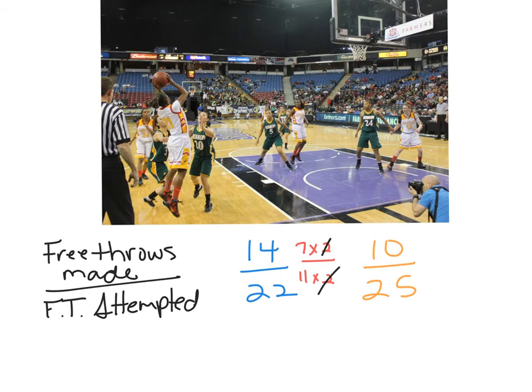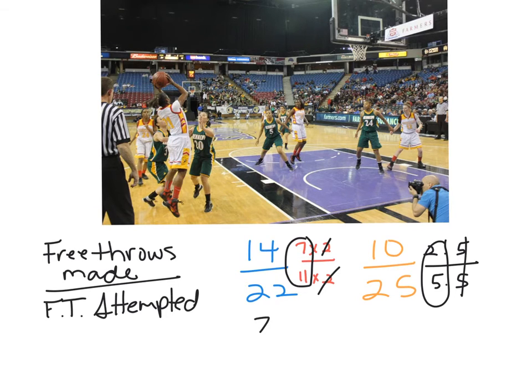Take those out. That leaves us with 7/11. Over here, 5 is going to be the GCF, and we can then eliminate that. And so over here we end up with 2/5.